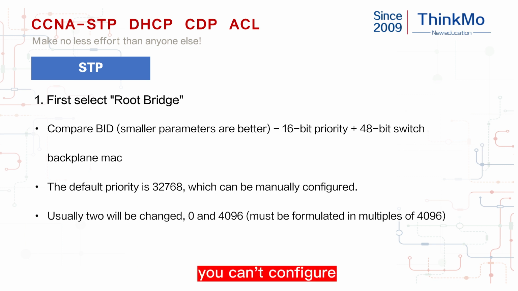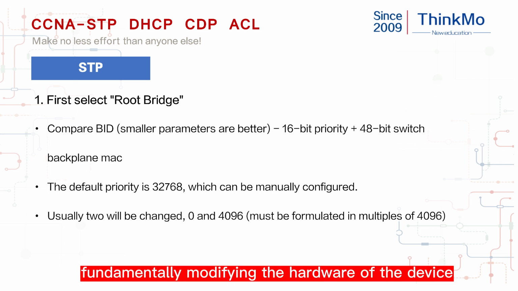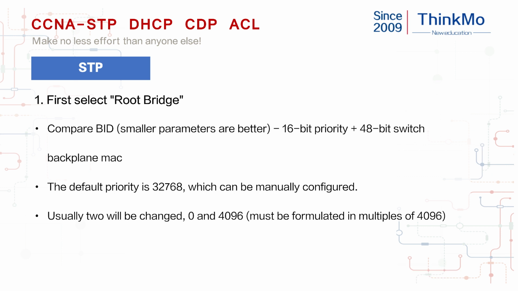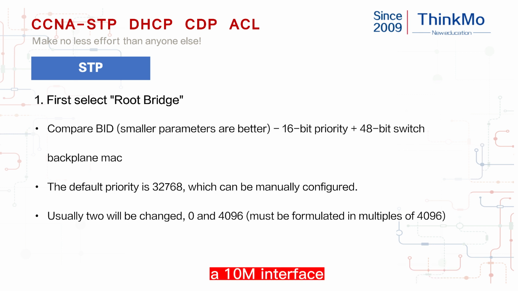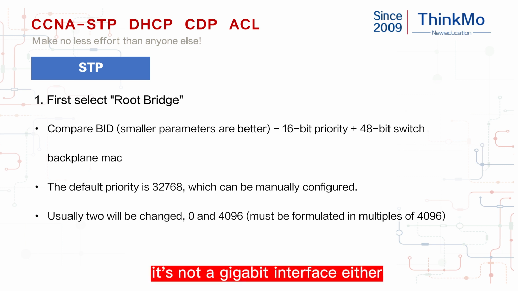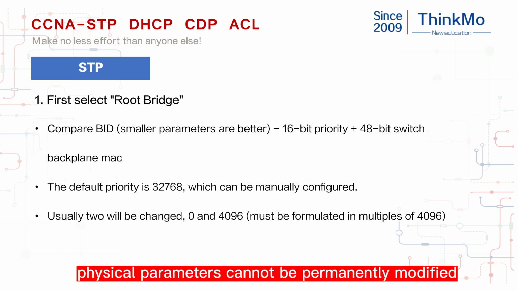You can't fundamentally modify the hardware of the device by configuration. This is the same as the bandwidth we changed before: a 10 megabit interface or a 100 M interface, if you change it to gigabit, it's still not a gigabit interface. Physical parameters cannot be permanently modified.